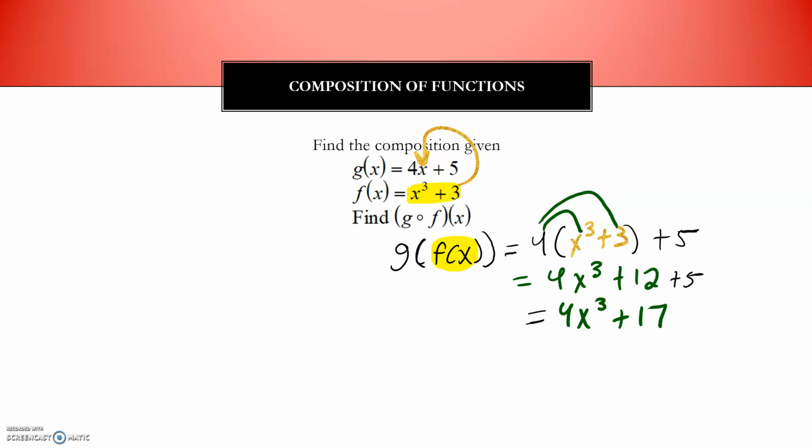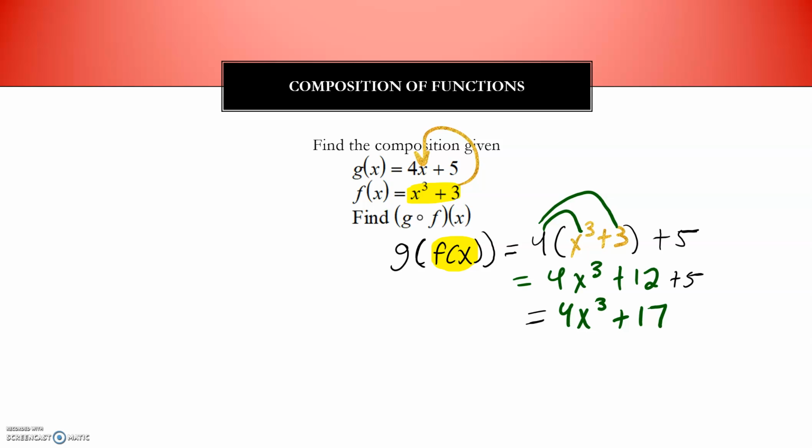If you're given something like that, what you want to do, again, is the inside function, and really use that g of f of x type notation. Don't use the open circle because the other notation makes it much clearer. It's saying take g, find the value of g when the variable equals the whole formula for f of x. So you're going to take that x cubed plus 3 and plug it in.